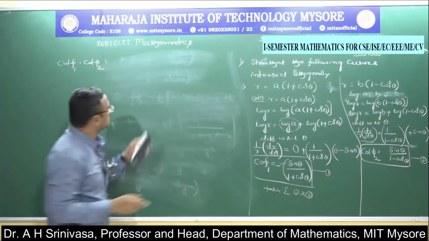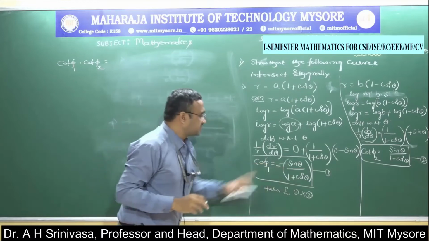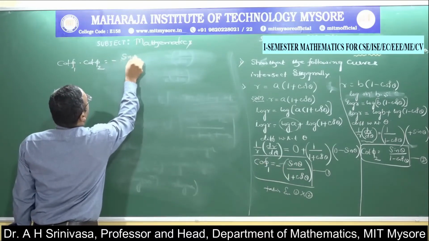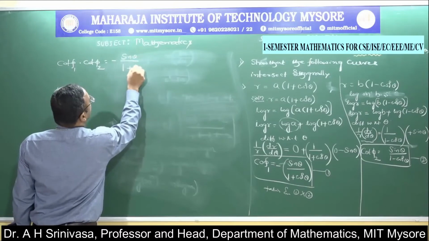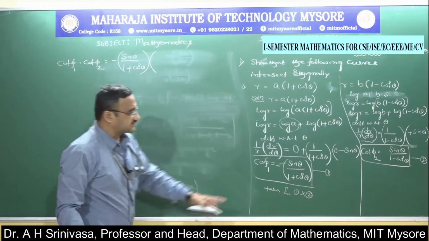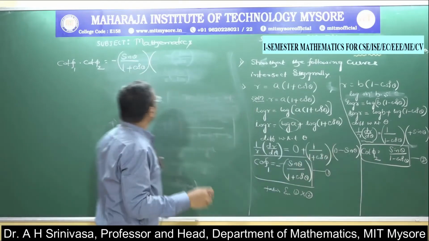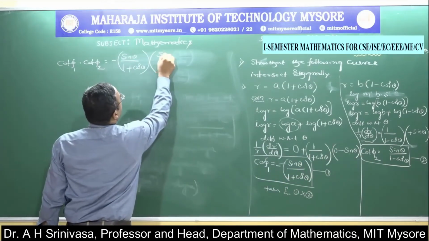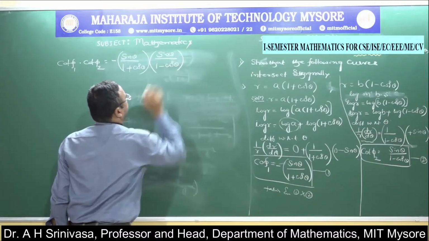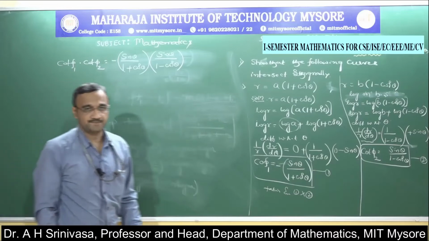From this side we have minus sin theta divided by 1 plus cos theta, then the other equation, sin theta divided by 1 minus cos theta. Clear?